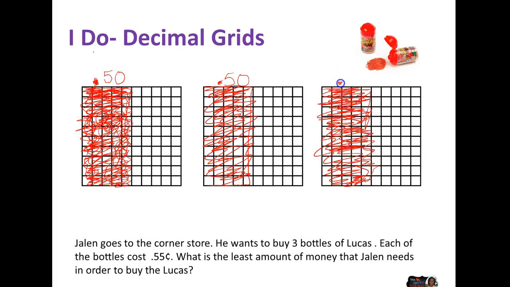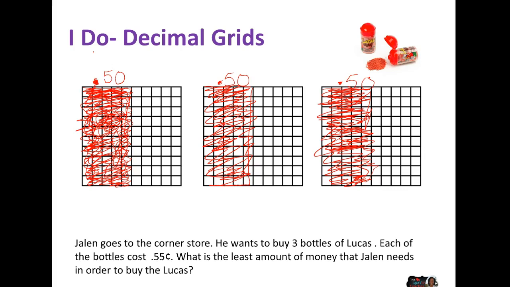And that's 50 cents. Well, because I know that half of one decimal grid is 50 cents, I can see that he has 2 halves, which makes one whole decimal grid, which in money terms is $1.